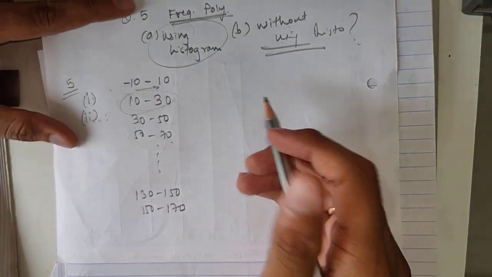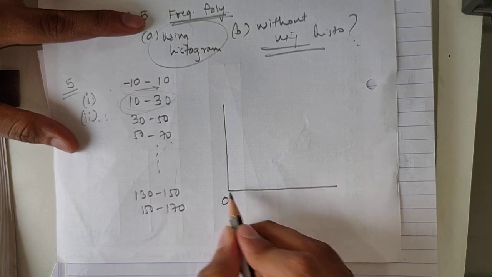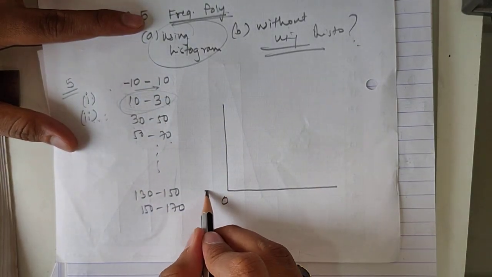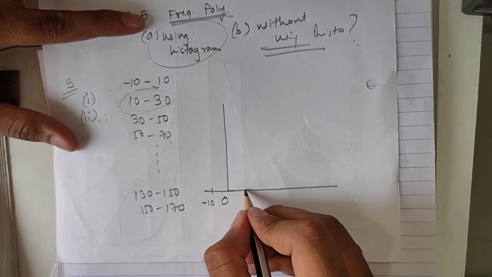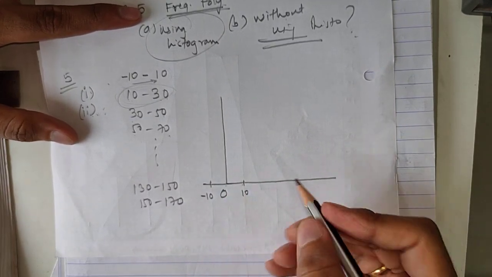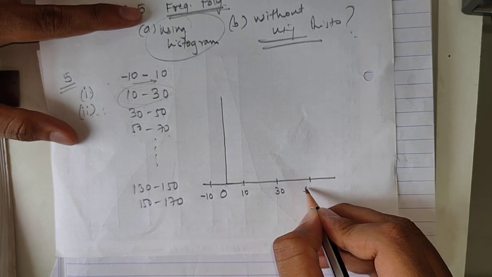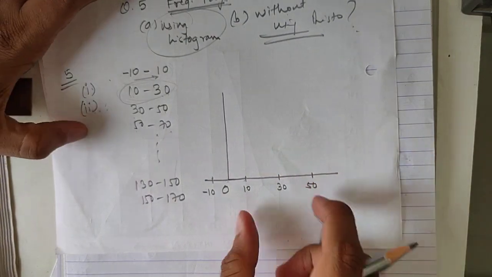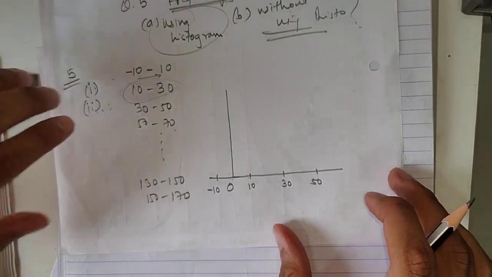I just wanted to discuss that when you draw the graph, here you should have 0 and you need minus 10 here. That means you have to extend the graph here, one line, and this will be minus 10. The next number will be 10, and then you will have 30, 50. In this way I'll draw and show you. Only this part will be a little bit confusing, to take extra class intervals.